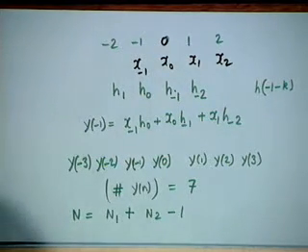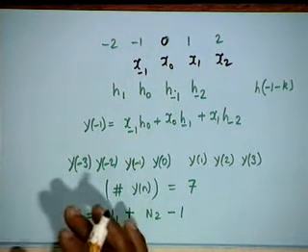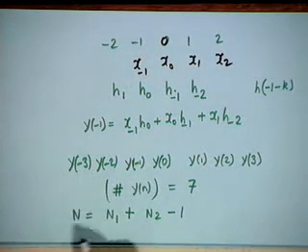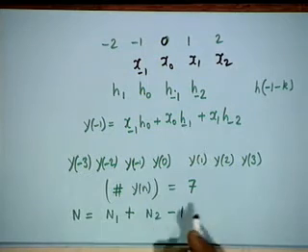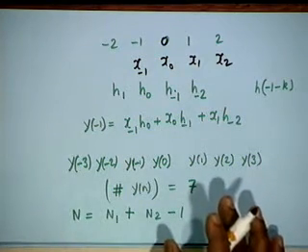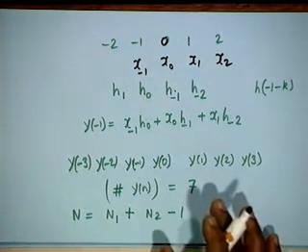This can be proved rigorously again by writing the summation. Just write the summation and show that beyond n1 plus n2 minus 1 there are no other samples, either to the left or to the right.